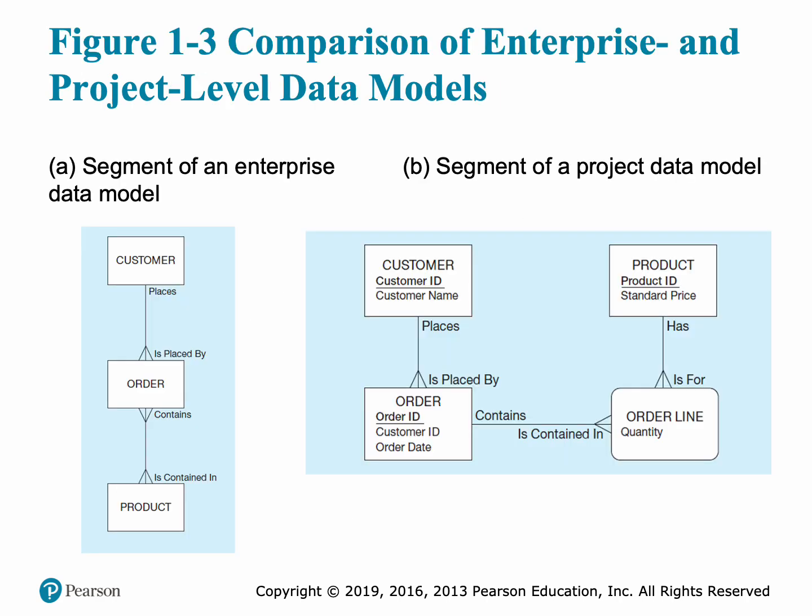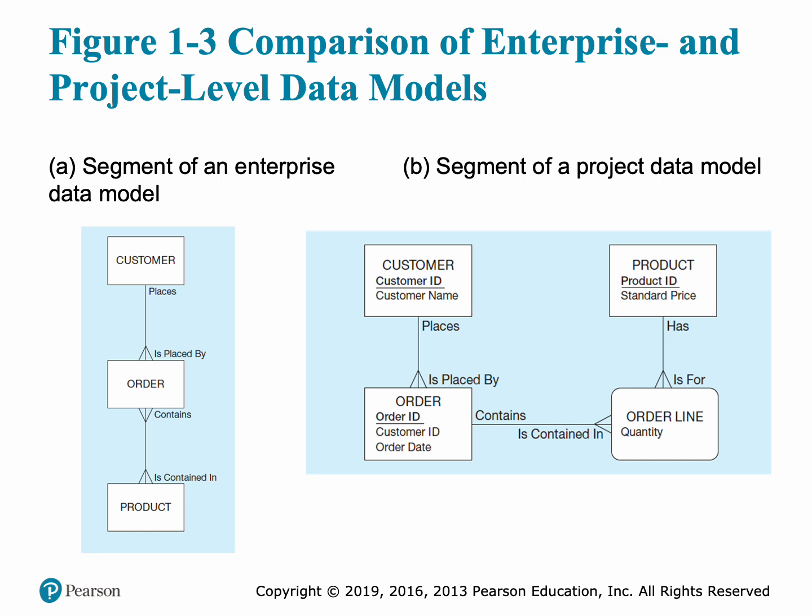Comparison of enterprise and project level data models. A segment of an enterprise data model is: customer places an order for a product, so a customer places an order, and the order is placed by a customer. An order contains the product information, or a product is contained in an order.